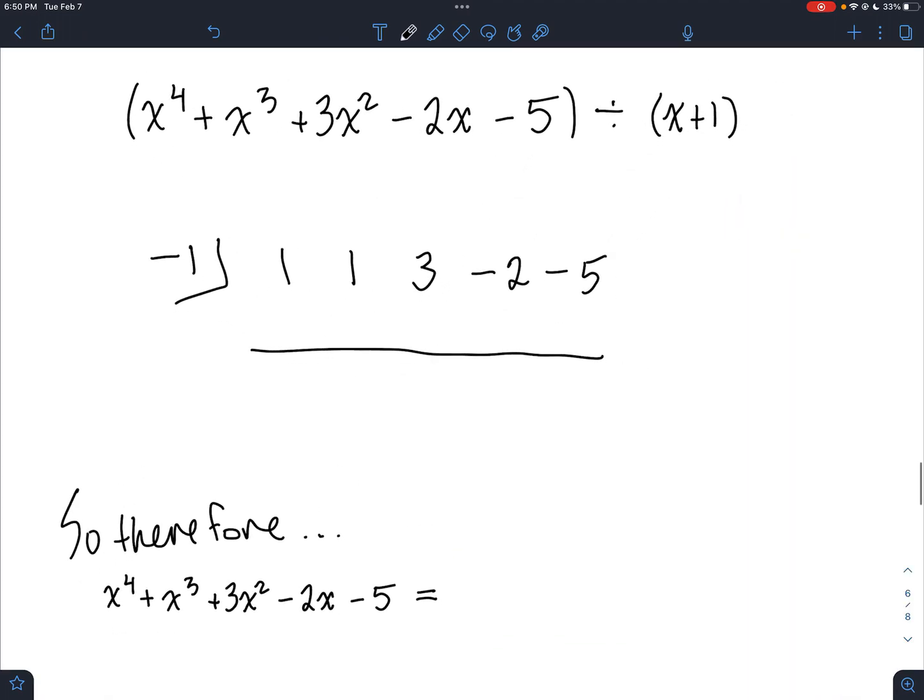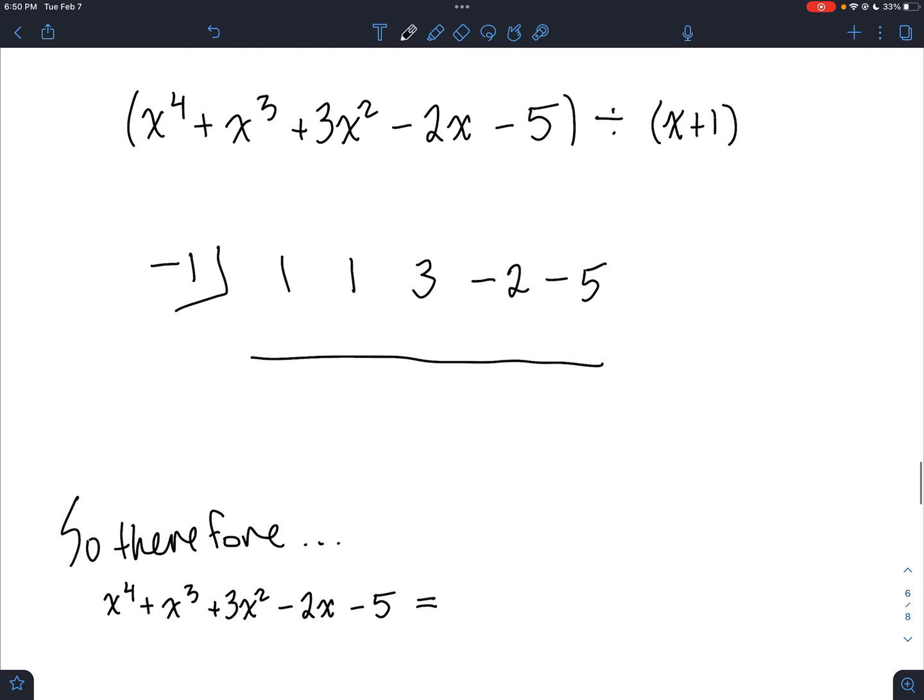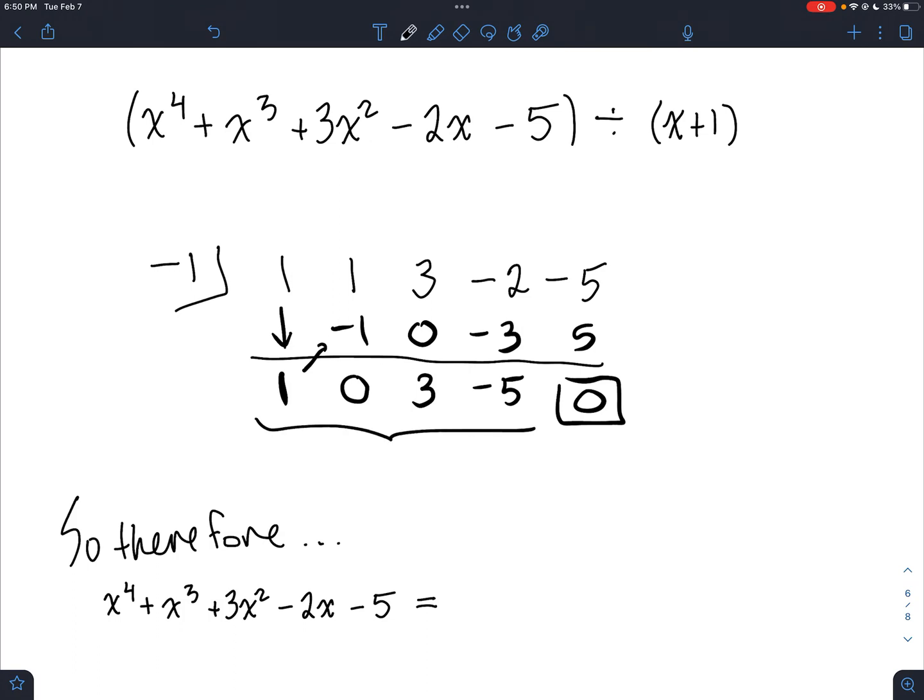Okay? I think I just have one more for you. So now we have a 4th degree polynomial, and synthetic division doesn't take much longer. It just takes an extra like 10 seconds. So if we go ahead and use synthetic division for this one, we'll bring down the 1, multiply times -1, bring this down, multiply times -1, add this down, multiply times -1, add down, multiply times -1, and add down, and we get 0, which is great.